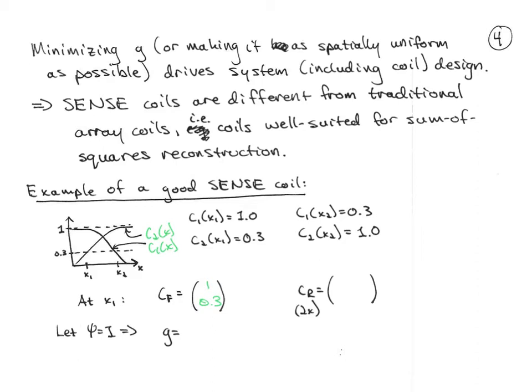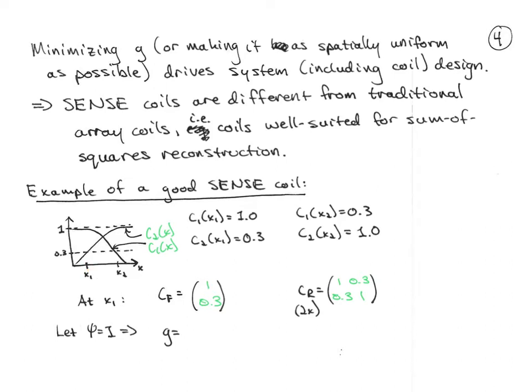So at x1, C2 is small, 0.3, and C1 is large, near 1. By construction, voxels x1 and x2 alias on top of each other, and the coils have opposite sensitivities at those two spatial locations.